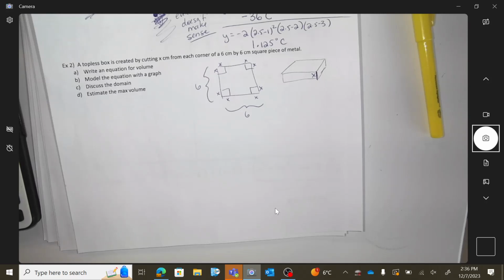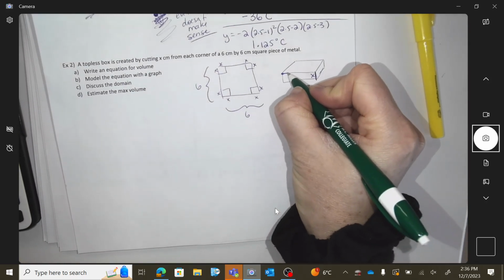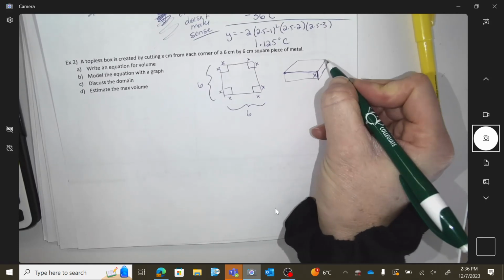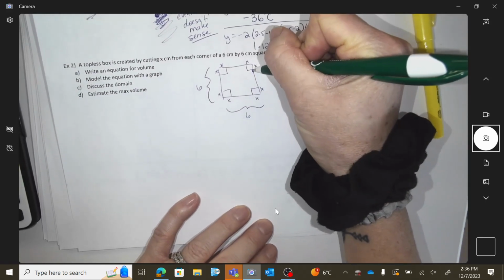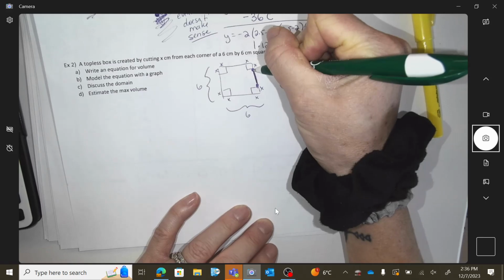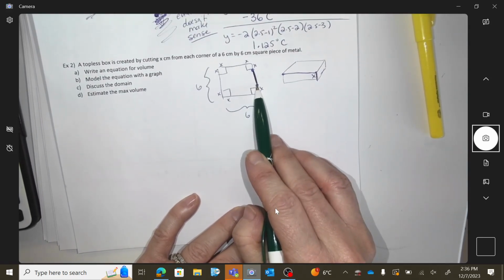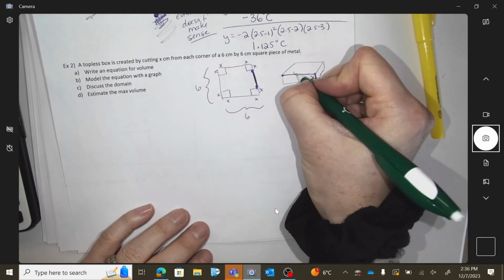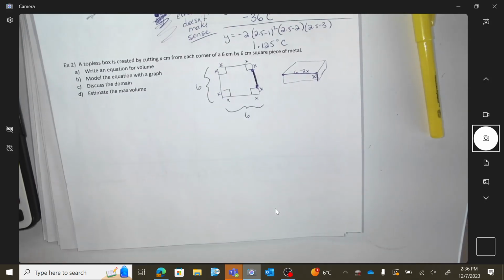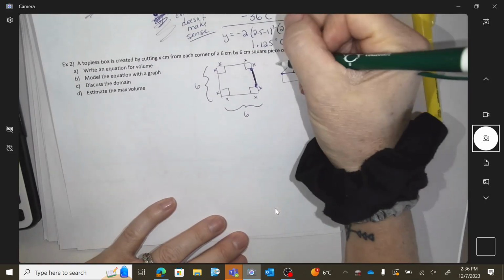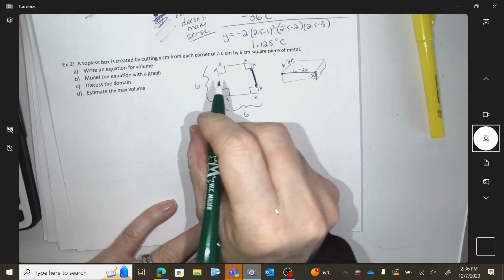Now what is this side of the box, which on the flat paper is this? It's 6 minus 2x, right? Because it was 6, and you cut off an x, and you cut off an x. Same with the other side because it was the same.